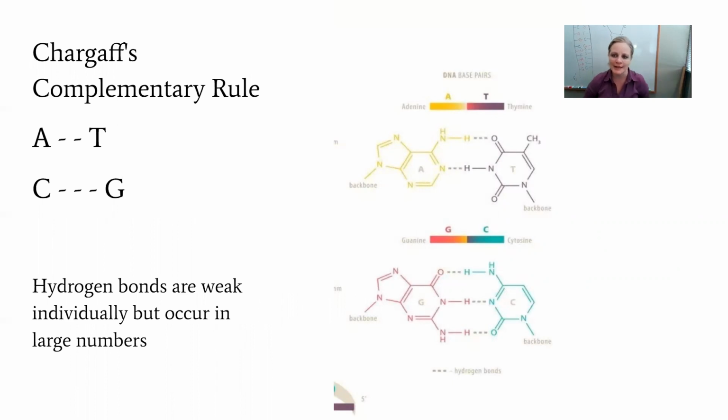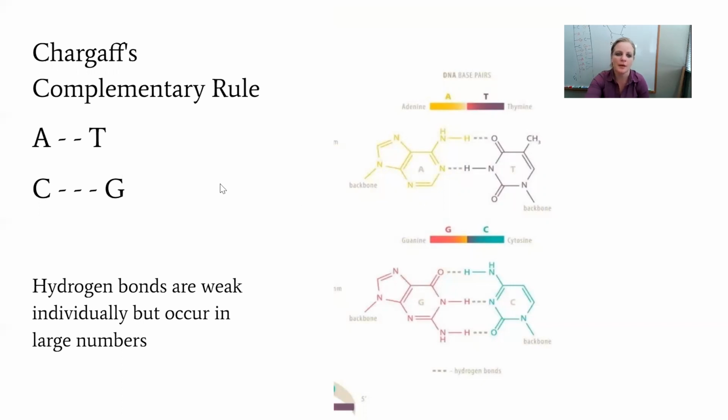Chargaff is the guy that discovered that we see A's and T's occurring in equal proportions, and we see that C's and G's occur in equal proportions, but the proportions of the purines and the pyrimidines are different. The A's and T's are always the same, and the G's and C's are always the same, and that suggested that these are pairing up, and that's exactly what we're seeing.